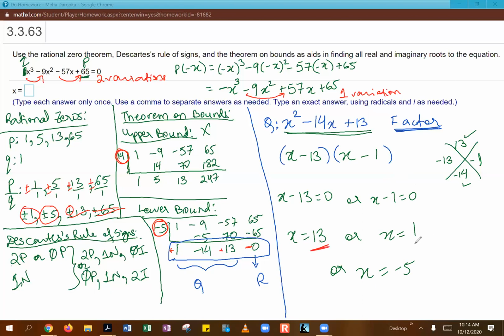So positive 13, positive 1, negative 5. So you will see we ended up with this combination where you have two positives and one negative solution. The positive 13 was what we had left over from here, we had negative 5 from here and positive 1 from here.